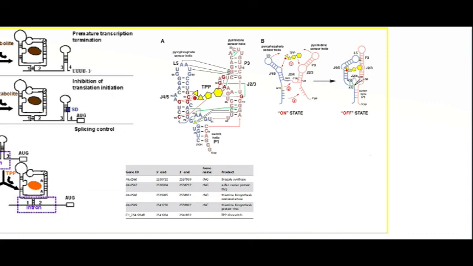And down here is just a list of some of the enzymes in this pathway that have this riboswitch inhibition going on.